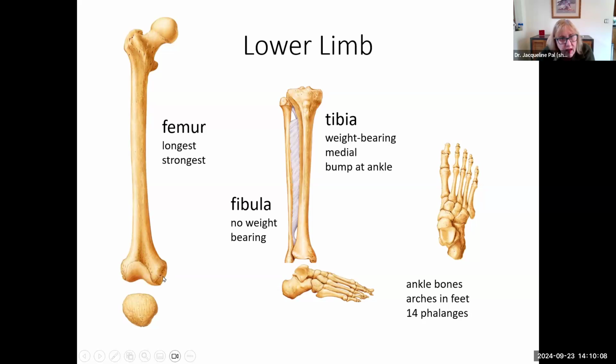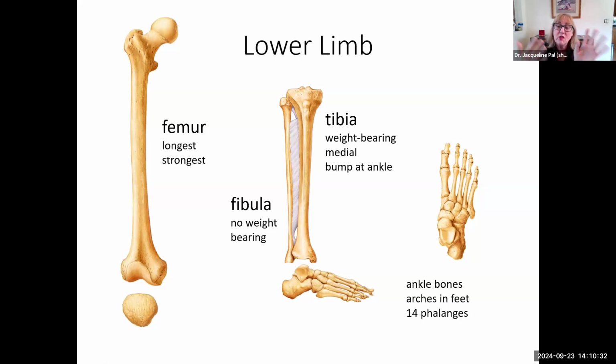So these rounded parts of your femur then go onto this flat part of your tibia. And that's why we have those C-shaped pieces of fibrocartilage, the menisci here on the tibia that I talked about in that other video. So the tibia is the weight-bearing bone in your leg.